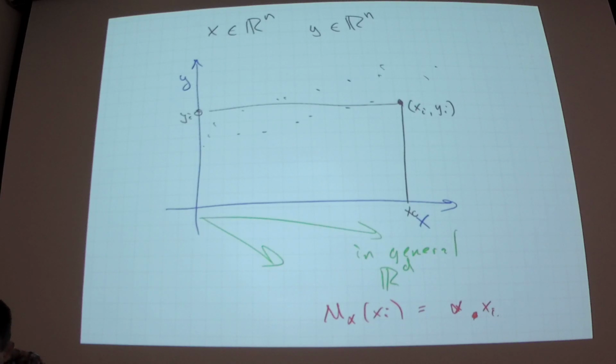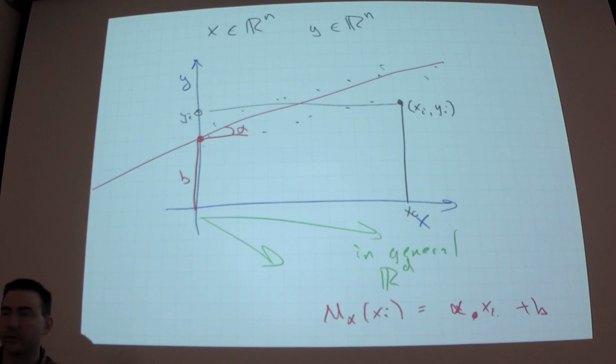So I just have alpha times xi plus b, some offset. And what does that look like in the picture here? This alpha is going to be the slope of this line, and b is this offset. Okay, so this is what the model looks like.